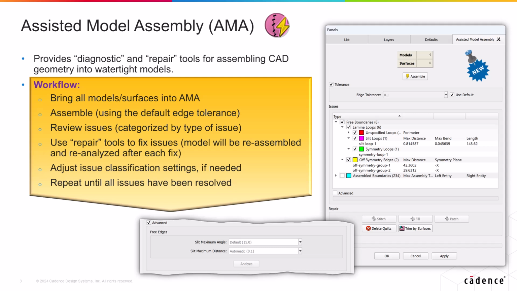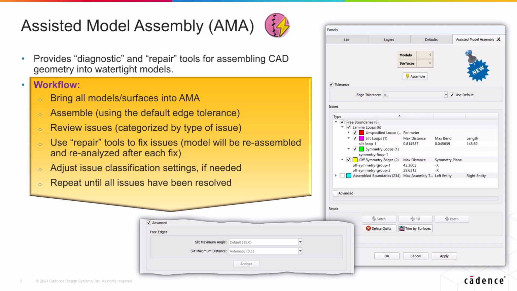Now, there are a lot of features packed into AMA, which we're going to talk about, but in general, the workflow is as follows. We first bring all models, quilts, and surfaces into the assisted model assembly tool, and it's usually a good idea to first assemble everything using the default edge tolerance. After this first attempt, if there are any issues with the model, they will be classified and listed for the user to review.